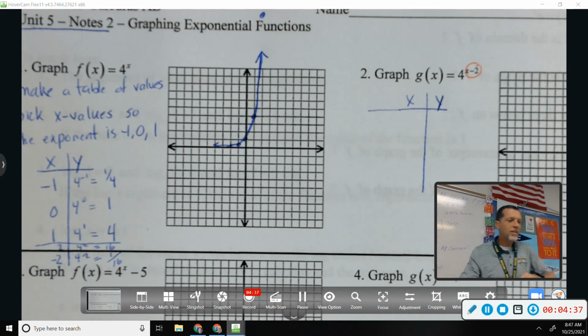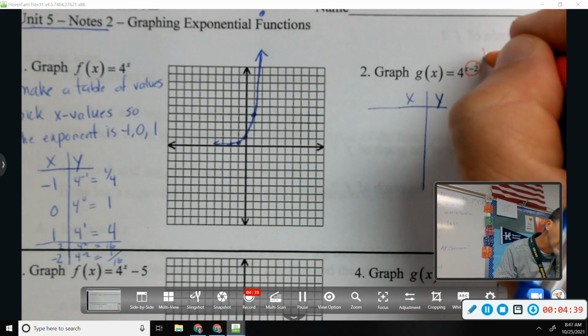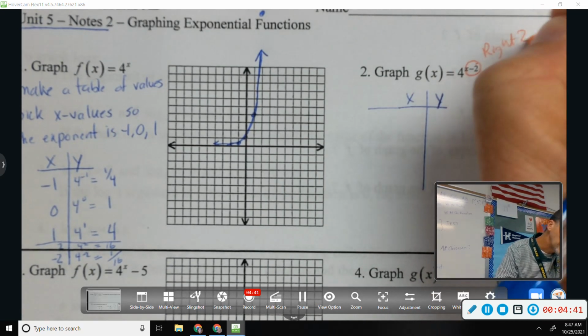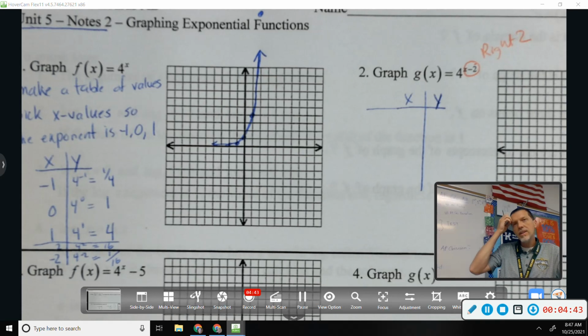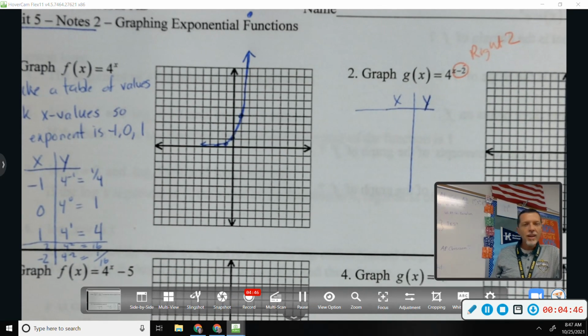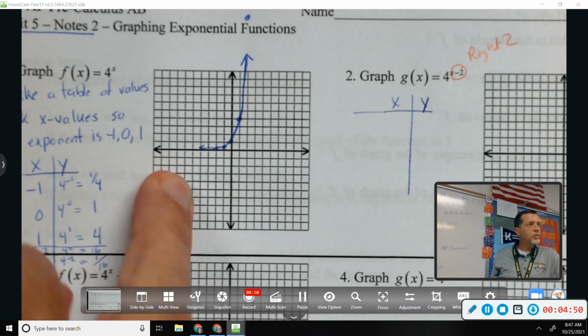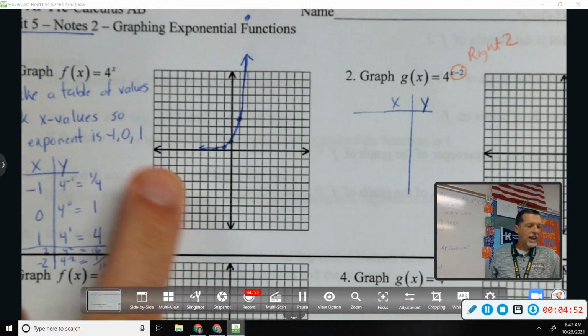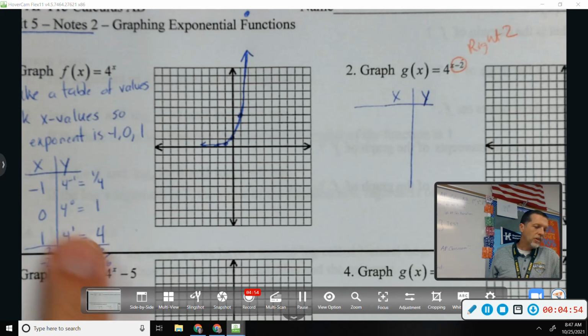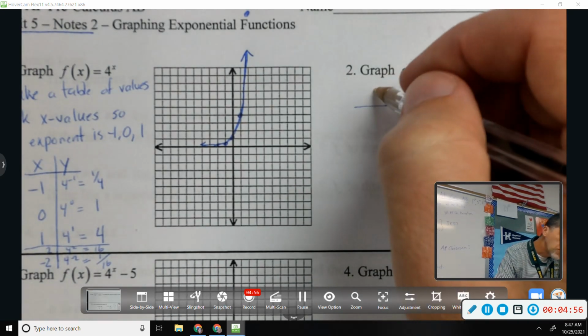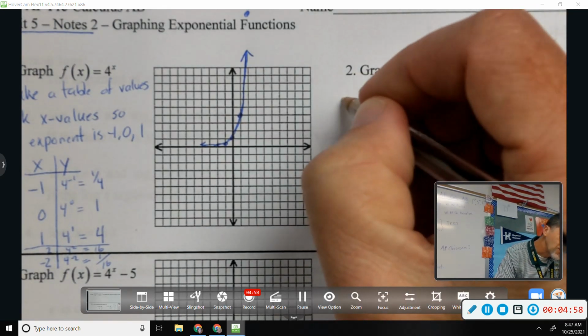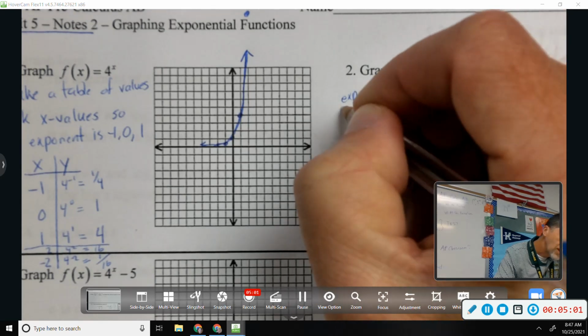One way is the parent function approach, and that says I'm going to go right 2. There's nothing wrong with that, but if you want to use that method, you have to know the first graph really well in order to shift it to the right 2. And I don't, so here's my method of shifting to the right 2.